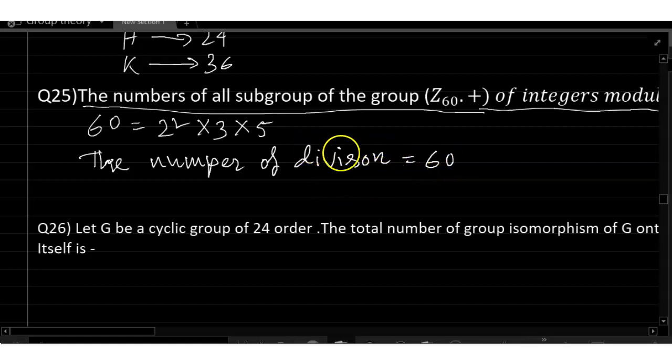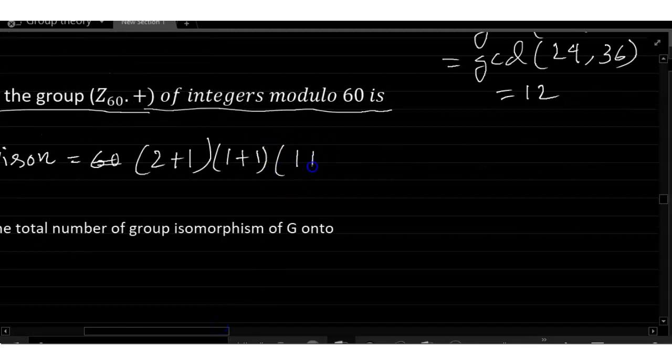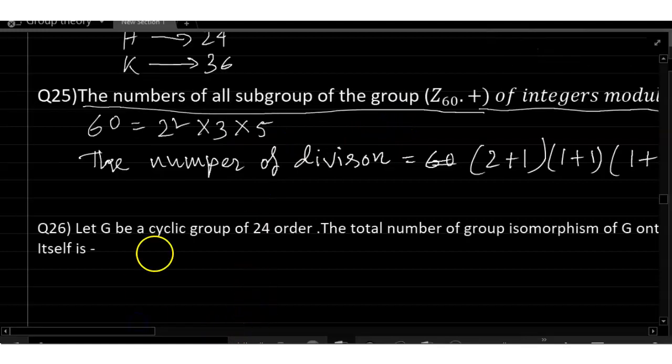The number of divisors is 2 plus 1, 1 plus 1, and 1 plus 1, which is equal to 3 into 2 into 2, which is equal to 12. So my answer is 12.